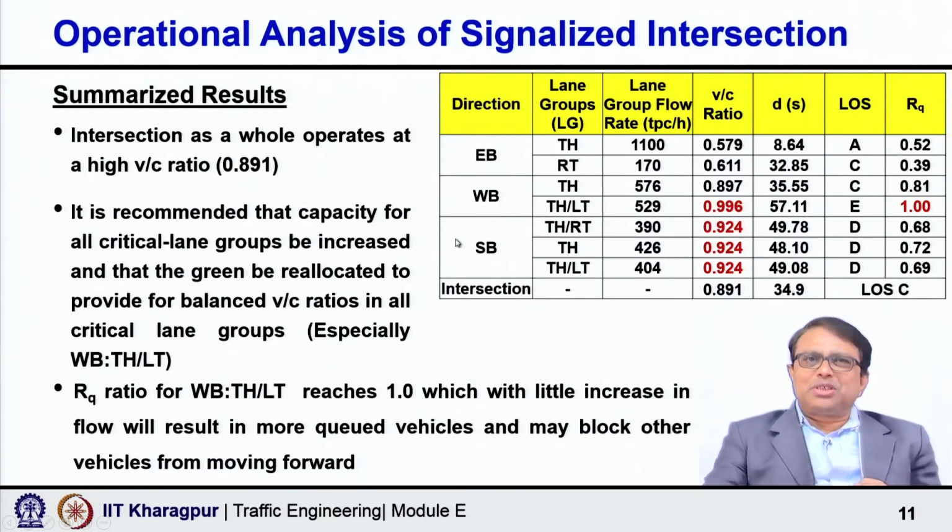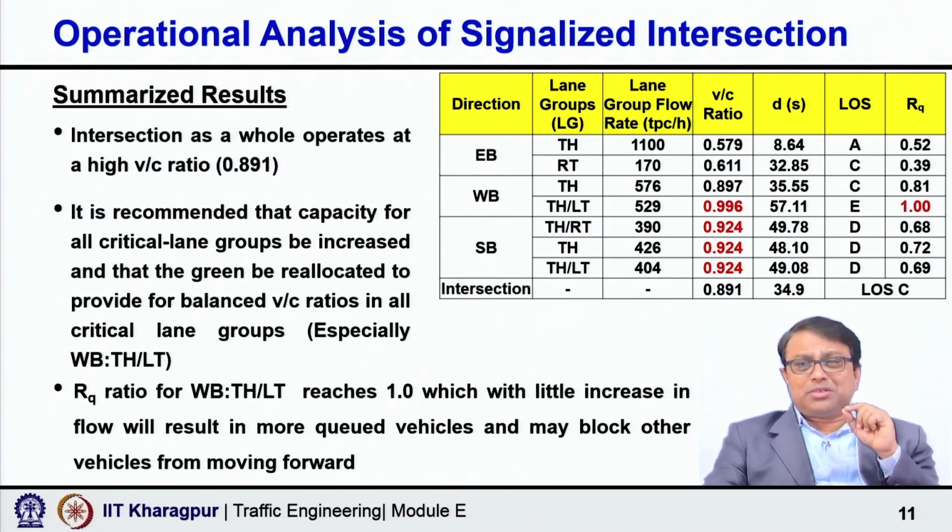Now, if I have to summarize the results which we got based on our example problems, then what you see here, all these calculations have been done earlier, but now I am trying to relook at the results. You see the V by C ratio 0.579, 0.611, quite on a low side, but you also have values like 0.996, 0.924, quite high, acceptable, not more than 1, but near 1.